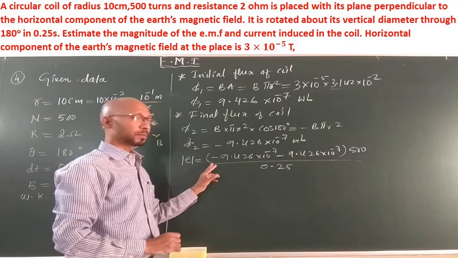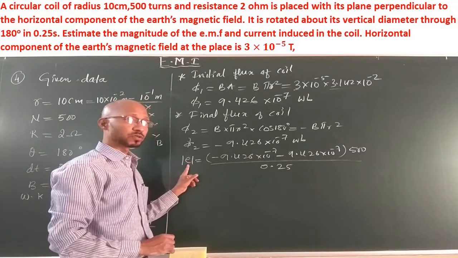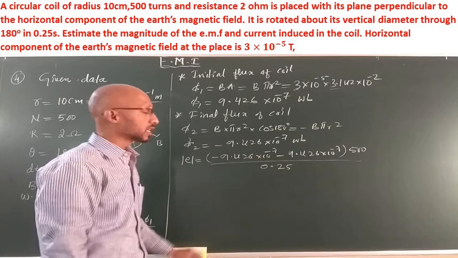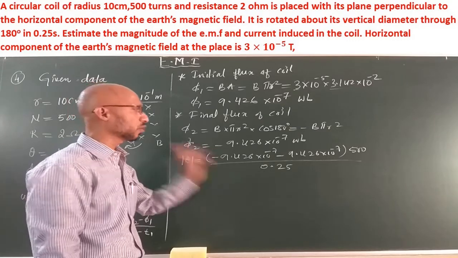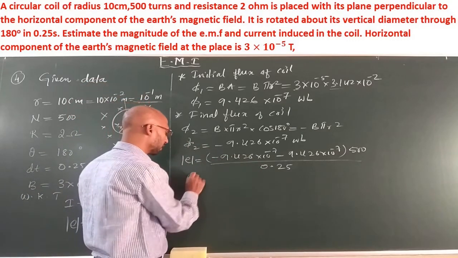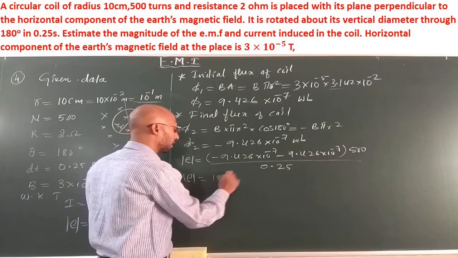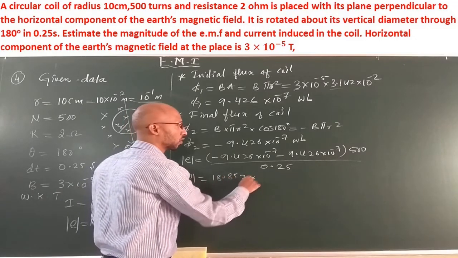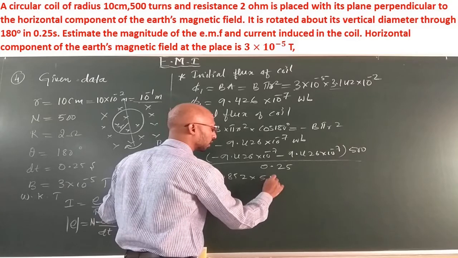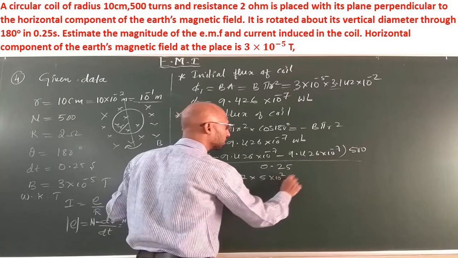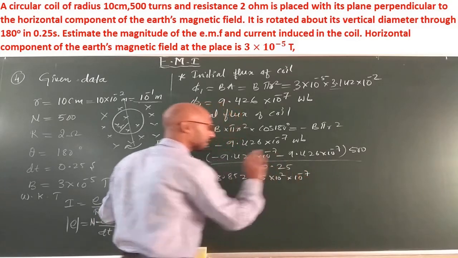Now minus of minus becomes, it becomes minus, but you have to go for magnitude, so we have to omit that negative sign. Just do the mathematics. What value will come? 18.852 will come. Just add this up: 18.852 into 5. Now 5 into 10 raised to 2, and 5 into 10 raised to minus 7 I am doing here.